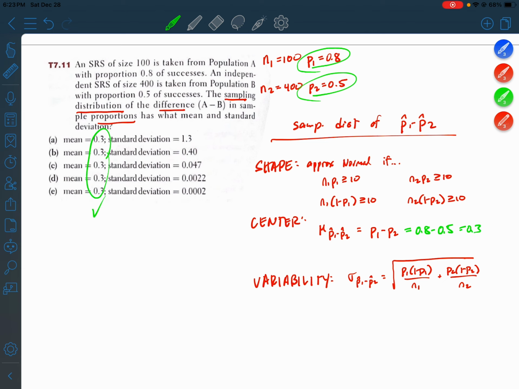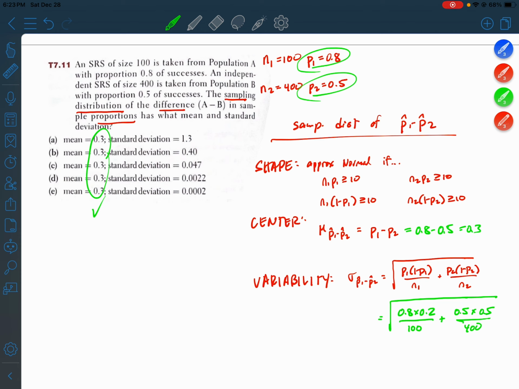It's just a matter of figuring out which of these is the correct standard deviation, which we'll have to apply this formula for. This is going to become the square root of 0.8 times 0.2 divided by 100 plus 0.5 times 0.5 divided by 400.